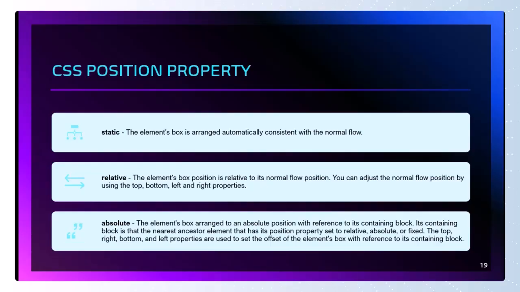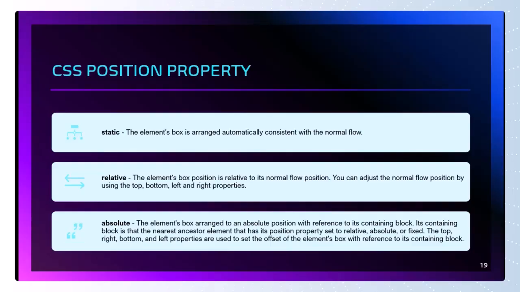You can adjust the normal flow position by using the top, bottom, left, and right properties. And absolute means the element's box is arranged at an absolute position with reference to its containing block. Its containing block is the nearest ancestor element that has its position property set to relative, absolute, or fixed.